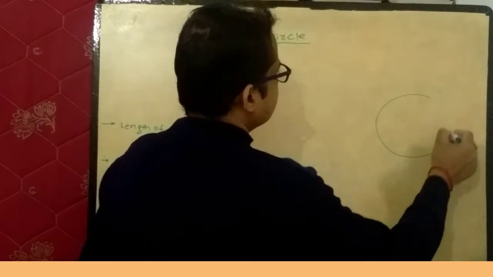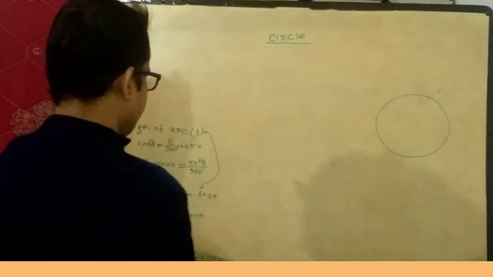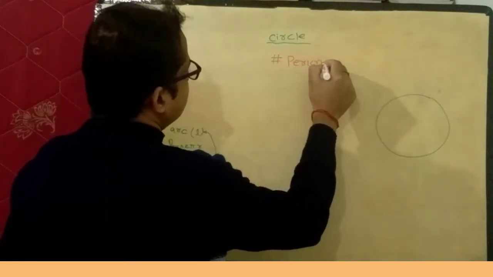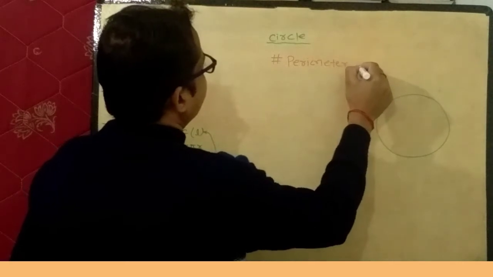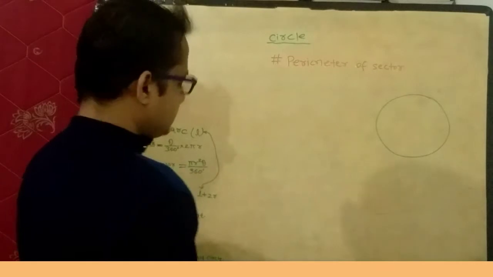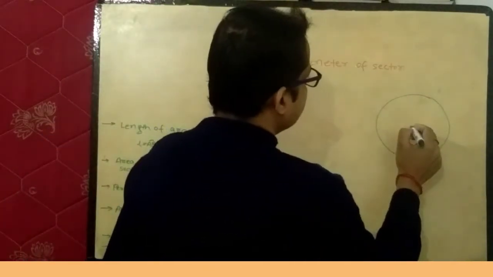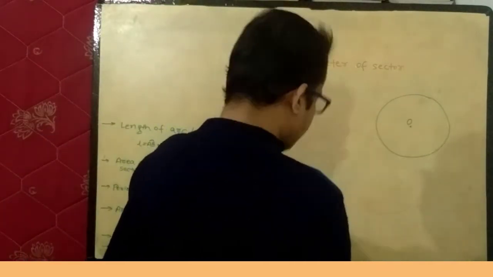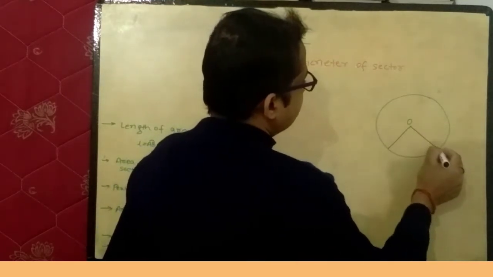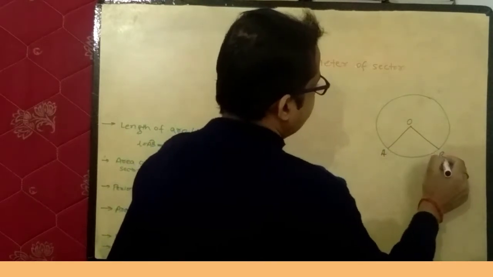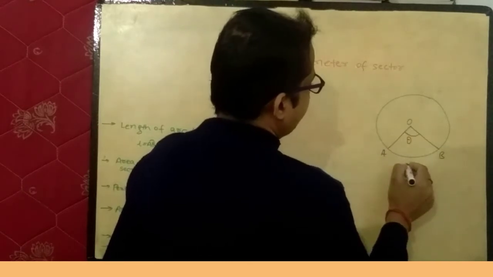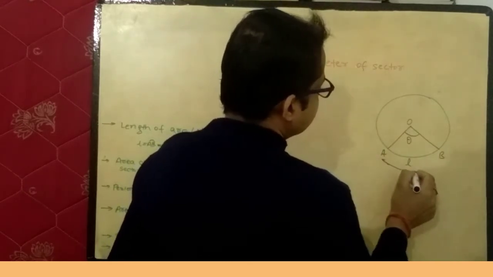Next topic is perimeter of sector. Suppose this is a circle having center O and this is arc AB, which is making an angle of theta degree at center, and its length is small l.